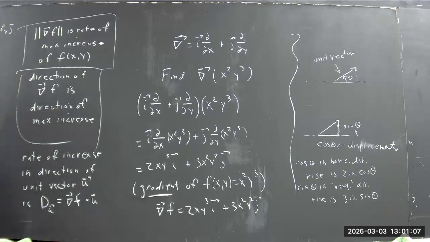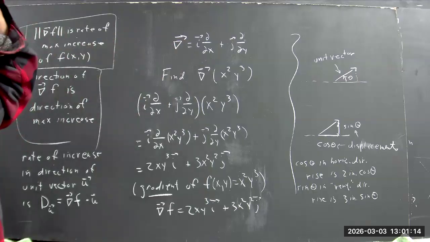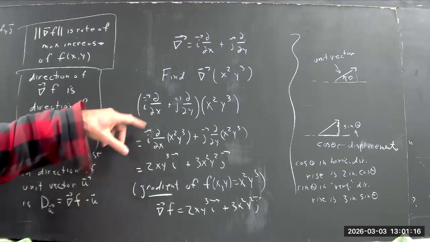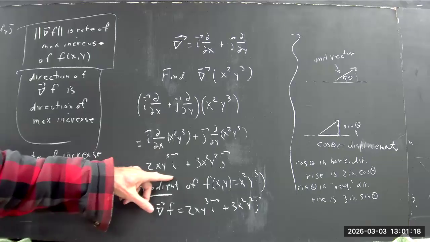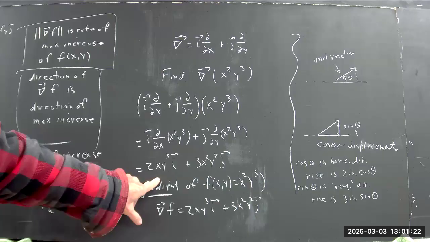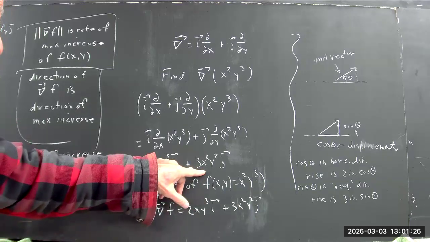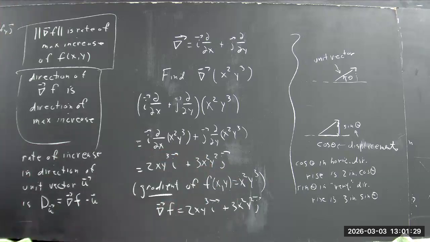Del f is f_x i plus f_y j, which is just what I said here, except we got the f_x when we took our partial derivative. This is the x derivative times i, and this is the y derivative times j. Okay?